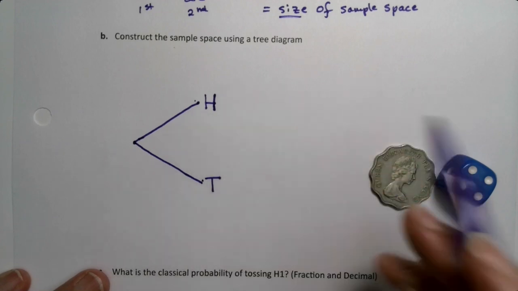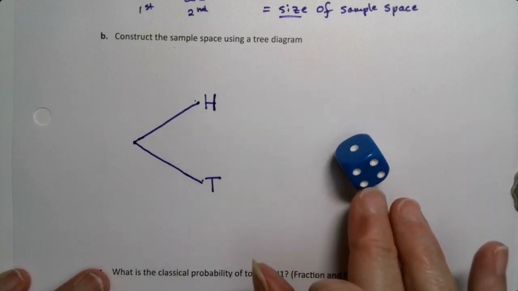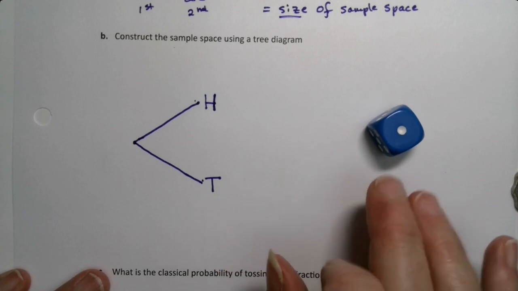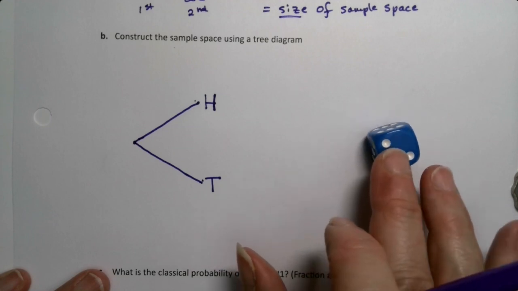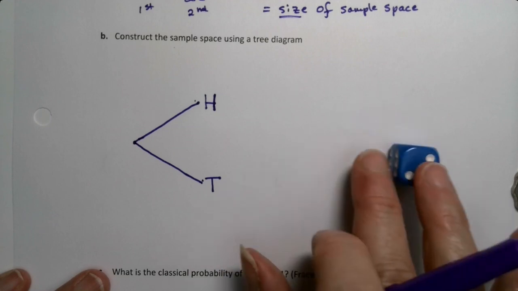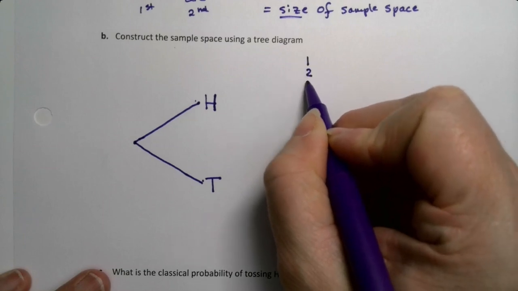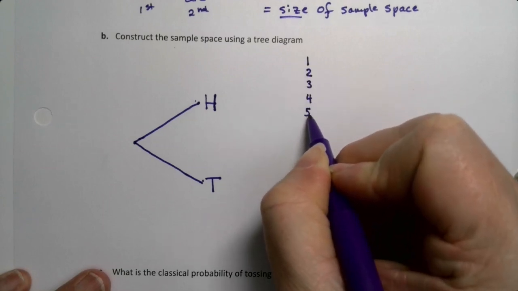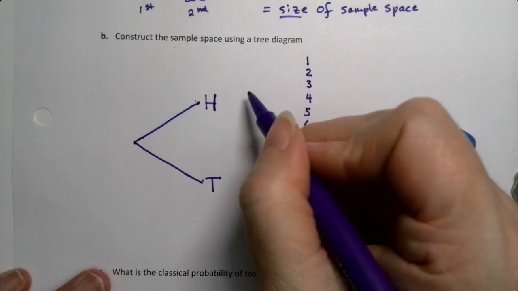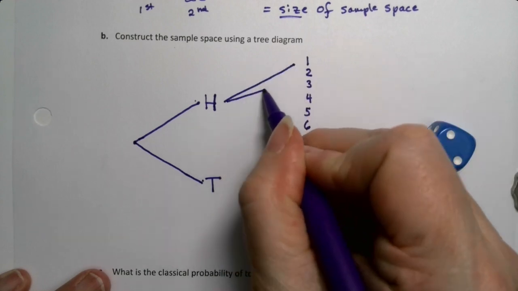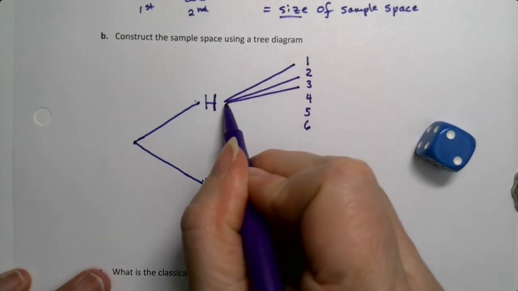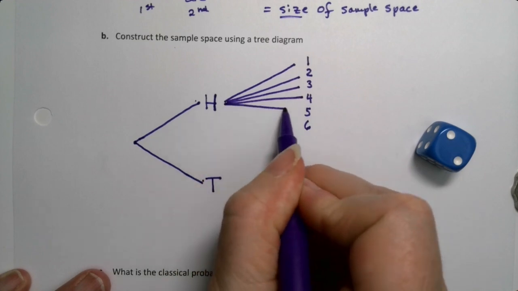All right, now the die. So after you've tossed the coin and you pick up the die, there's 6 options. 1, 2, 3, 4, 5, 6. So you're going to list them in vertical order. 1, 2, 3, 4, 5, 6. So that could come from the heads. And you have to make this kind of V shape coming back.